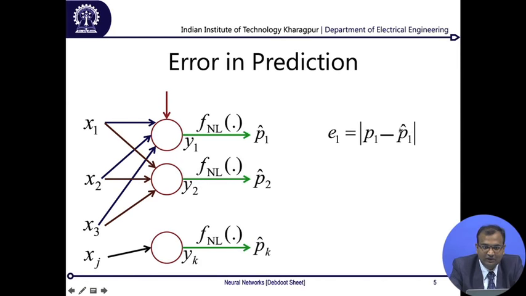I am predicting the value of P1 as P1 hat, and my actual value should have been P1. So there would be a difference between them. Say this is 1 and this comes down somewhere around 0.8. So you have a difference of 0.2, or similar kinds of cases might appear. If this is also 1, this is also 1, you get an error of 0. That means you have done a perfect mapping over there.